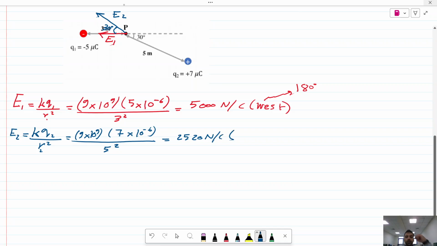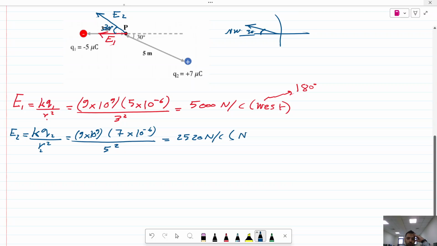Now we look at the direction. If you notice, E2 looks like this, and we have this angle given, which is 30 degrees. So this direction is called northwest.